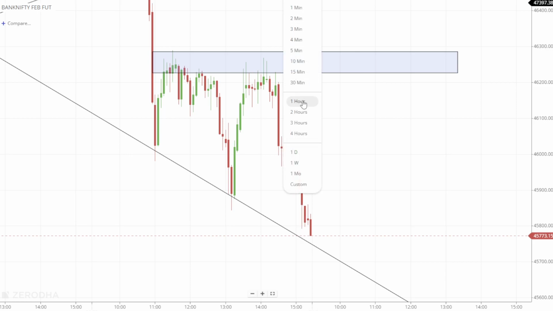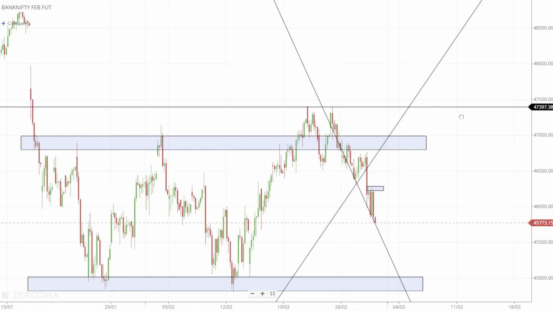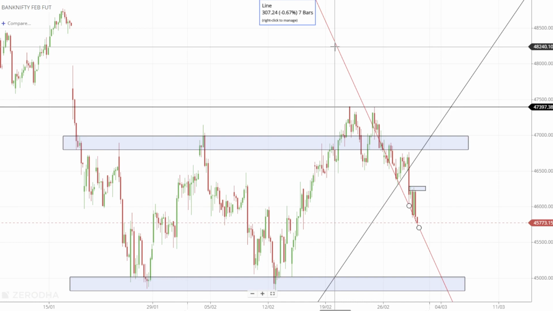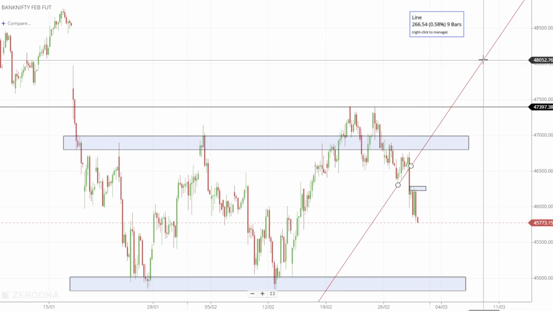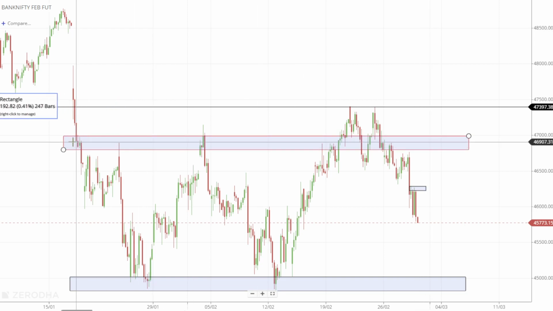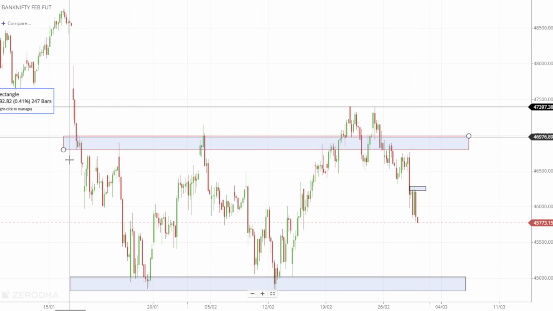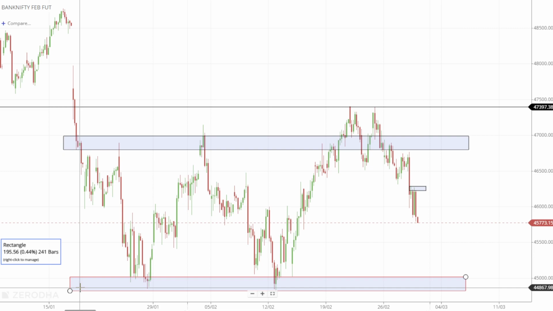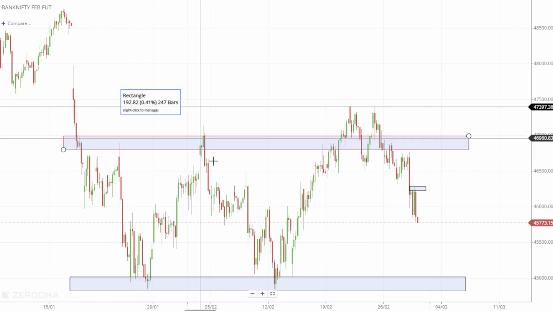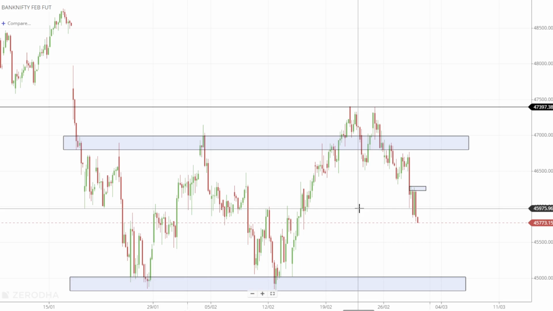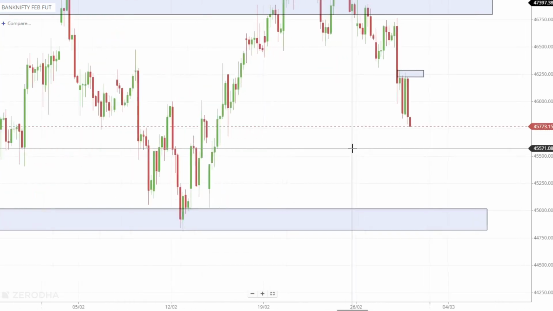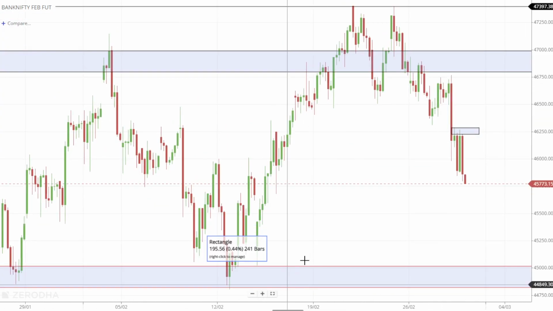Here in Zerodha, the same thing, same consolidation range. I'll tell you these things first. Price moves from 47,000 to 45,000, so a 2000 points range. It is just oscillating between this resistance and support level.